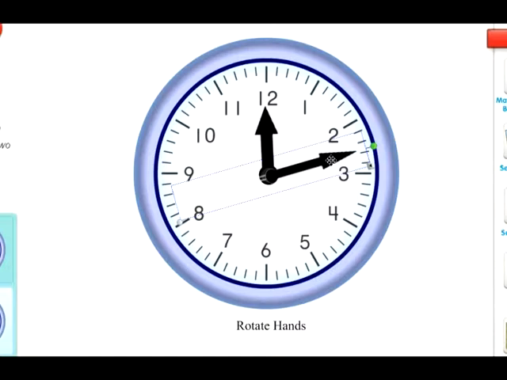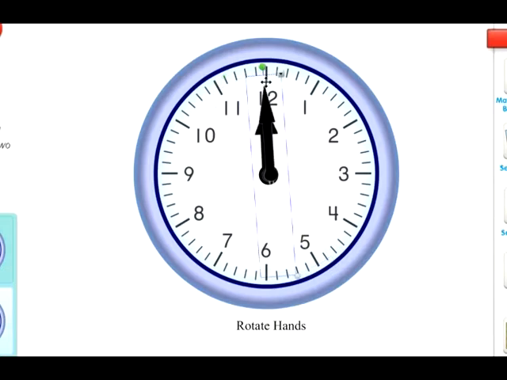But for sake of review, let's count by 5s. Let's start at the 12, and let's move around. 5, 10, 15, 20, 25, 30, 35, 40, 45, 50, 55, 60.